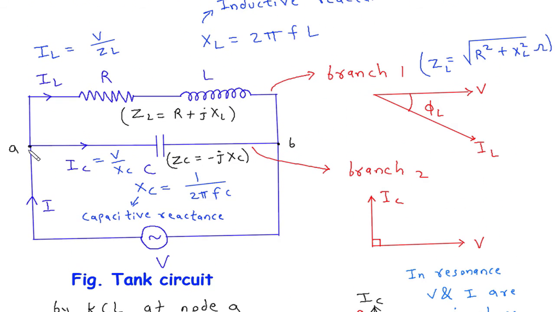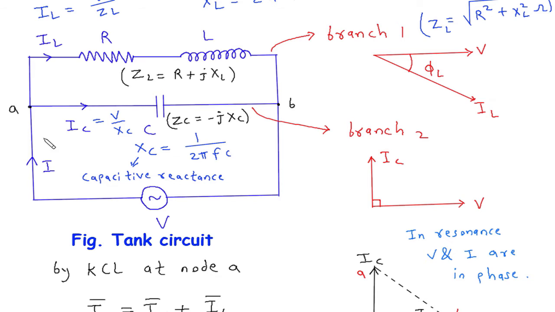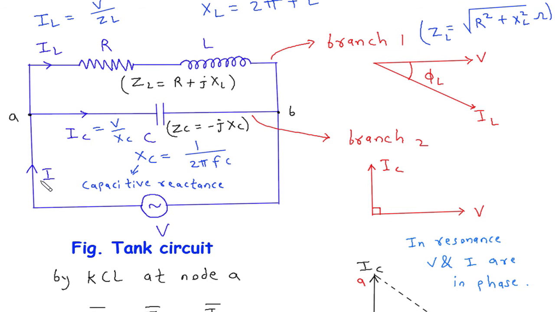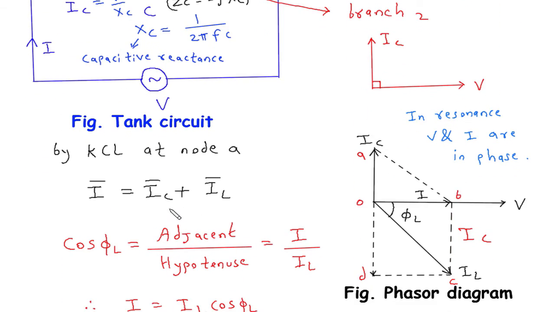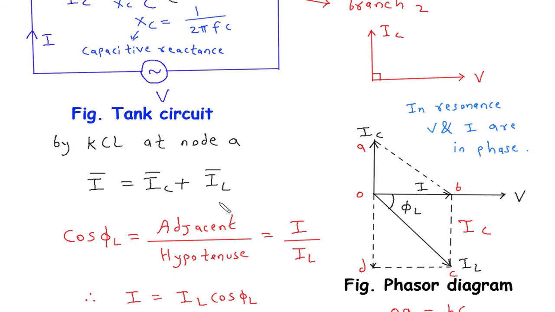If we apply KCL at this node, according to Kirchhoff's current law, the summation of all the currents entering a node is equal to the summation of all the currents leaving the node. So the entering current at this node is I, the circuit current, and the leaving currents are IL and IC. So I phasor is equal to IC phasor plus IL phasor.